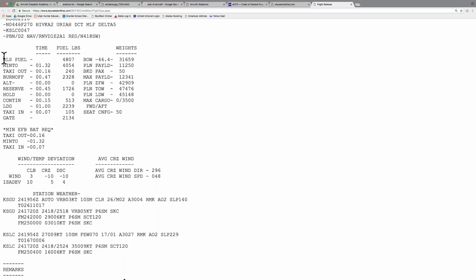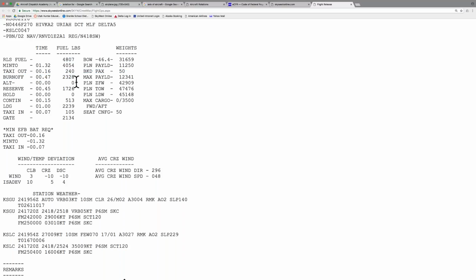So that's kind of a rundown of these weights. And this release fuel, just to hit that, release fuel is the amount of fuel after we add up the different amounts of fuel, starting with the taxi out.